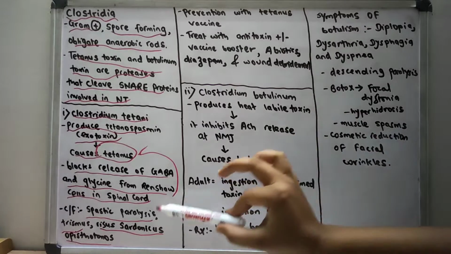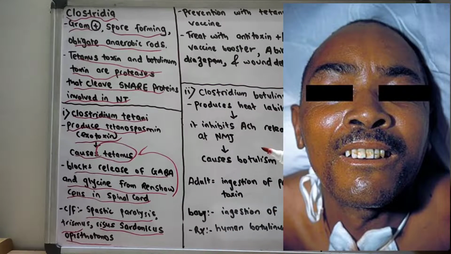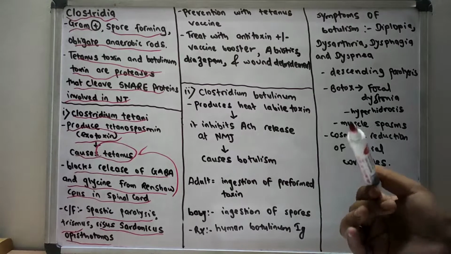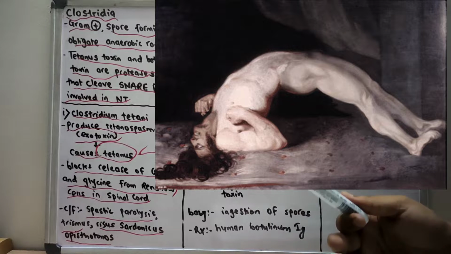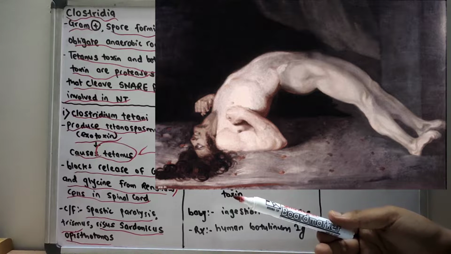And in risus sardonicus, the person appears with raised eyebrows and an open grin. You can also see this in this figure. And the opisthotonus position, you can see in this figure, occurs due to the spasm of the spinal extensor muscles.